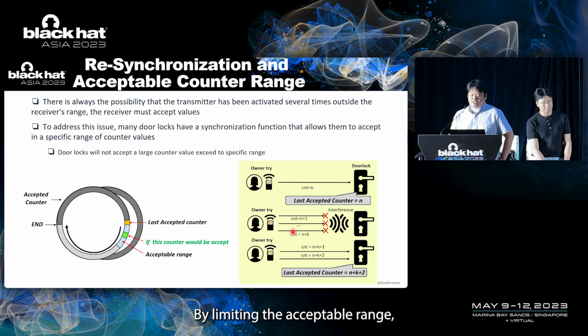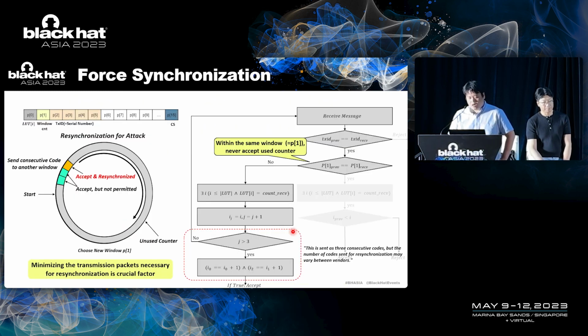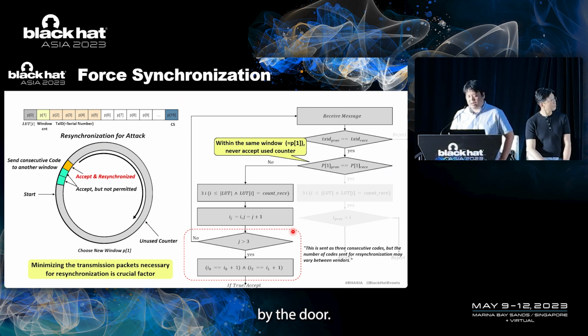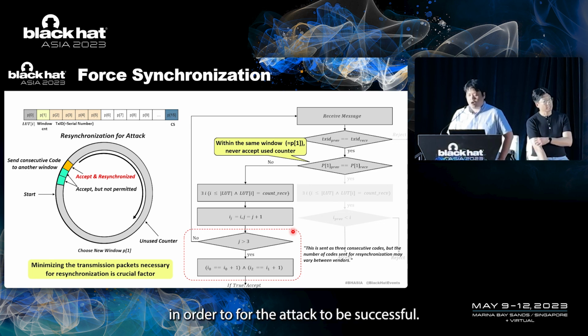Limiting the acceptable range helps prevent unauthorized access to the door lock, although not all products include this feature. Ultimately, our forged message must be accepted by the door locks deterministically in order for the attack to be successful.